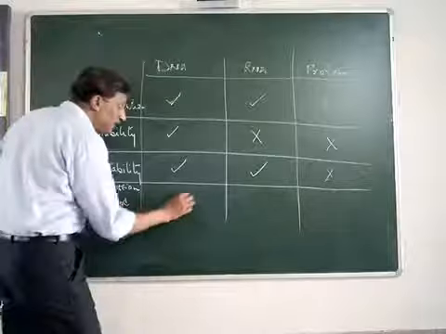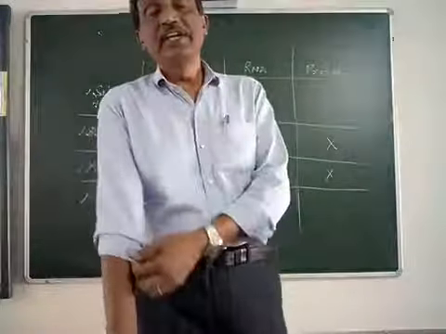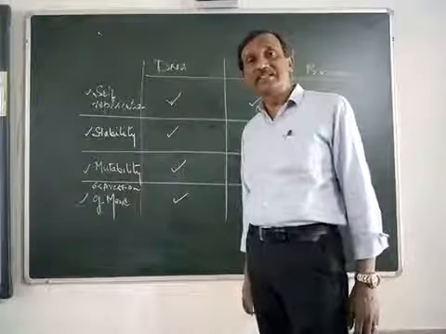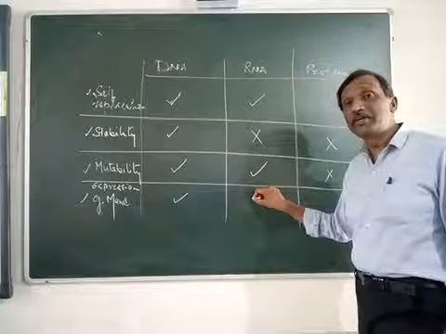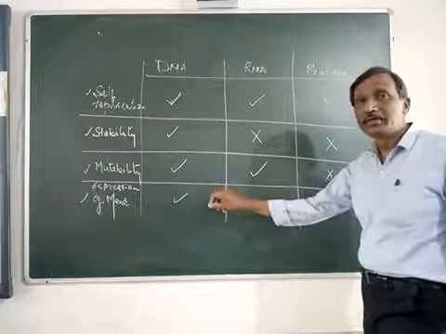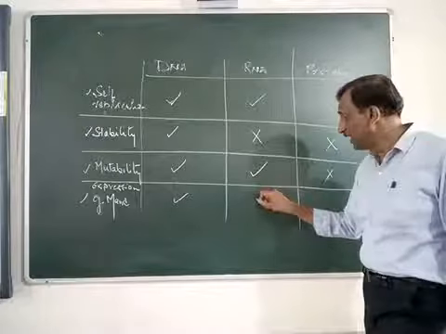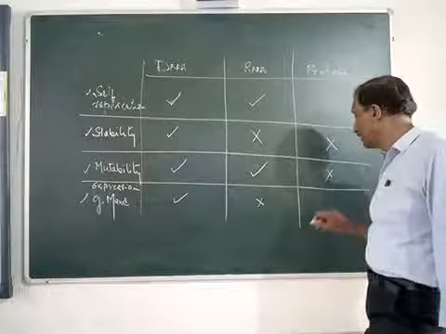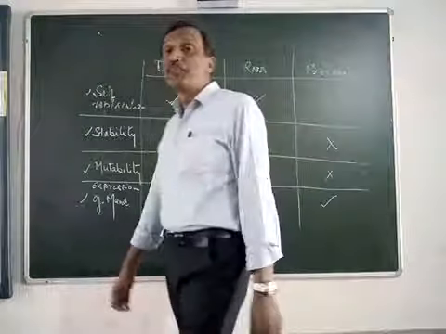So here again DNA can, because DNA molecules are very long, very big, so they can of course show a large number of expressions. RNA of course is a small molecule compared to DNA, so it may not be as suitable as DNA. Compared to DNA it is less suitable. So I can say this is not a good criterion as shown by RNA. And protein of course shows this, because protein has infinite possibilities.